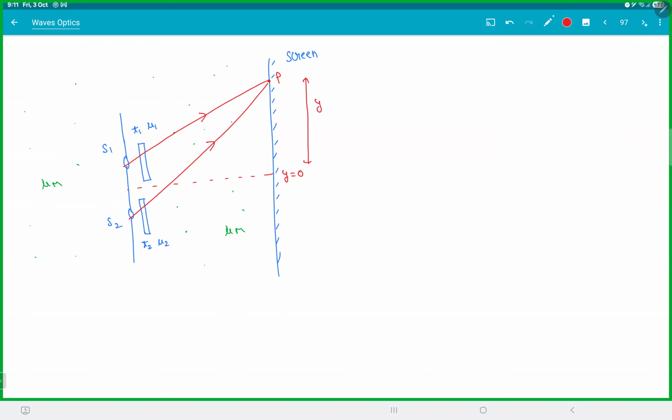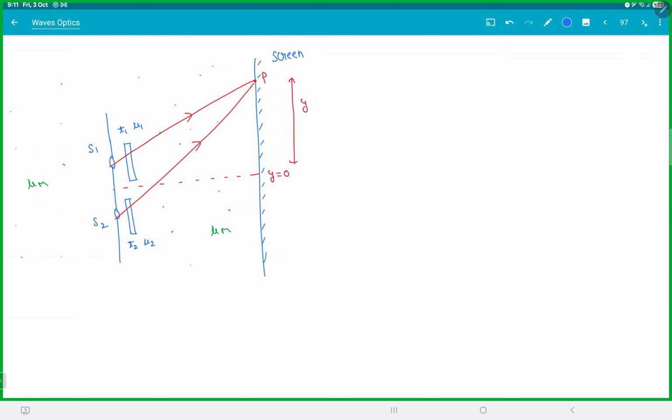So listen carefully. It's not tough if you got this. And I don't remember this result. Every time I get this, I derive. T1 and T2 are thickness of the slabs. The thickness of thin slabs. Mu1 and mu2 are refractive indexes.